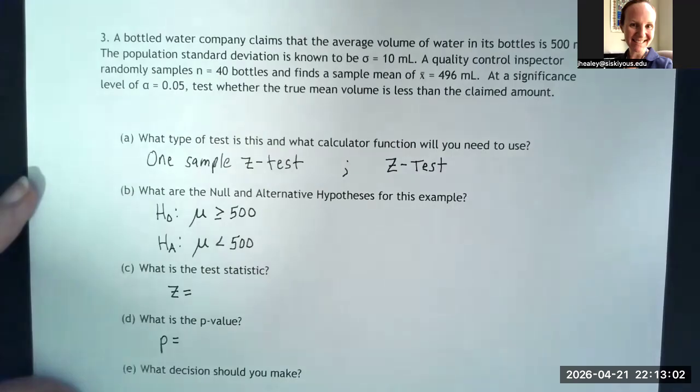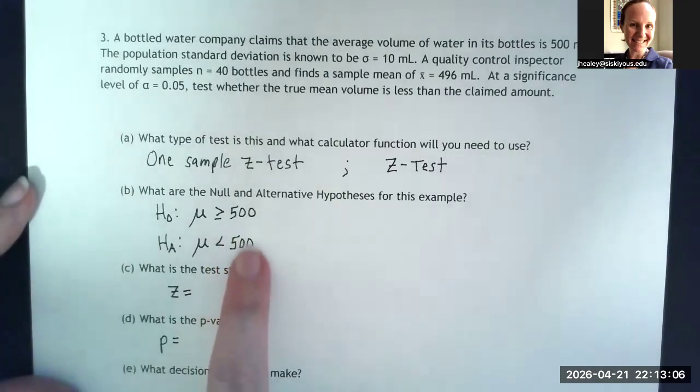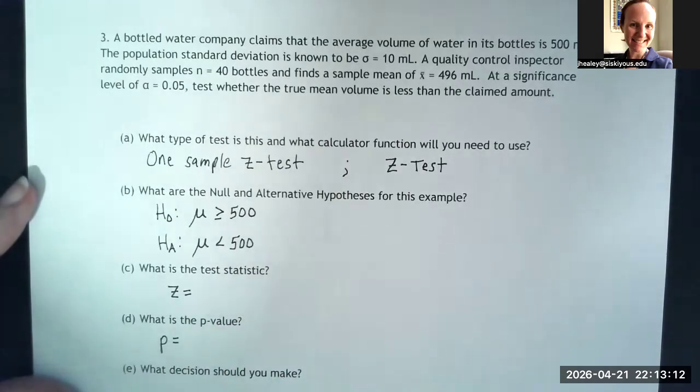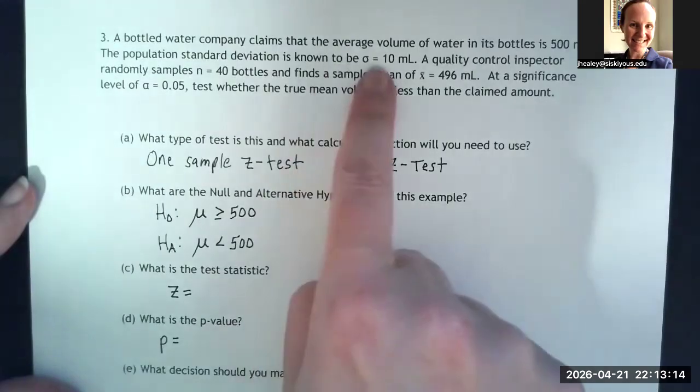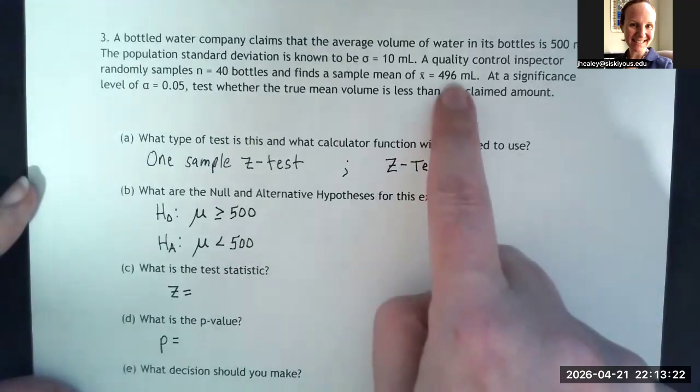And then under the mu sub 0, we're going to enter the number that we have written in our null and alternative hypothesis. We're going to enter 500. Then where it says sigma, we're going to enter 10. And where it says that we want to enter the X bar, we're going to enter 496.